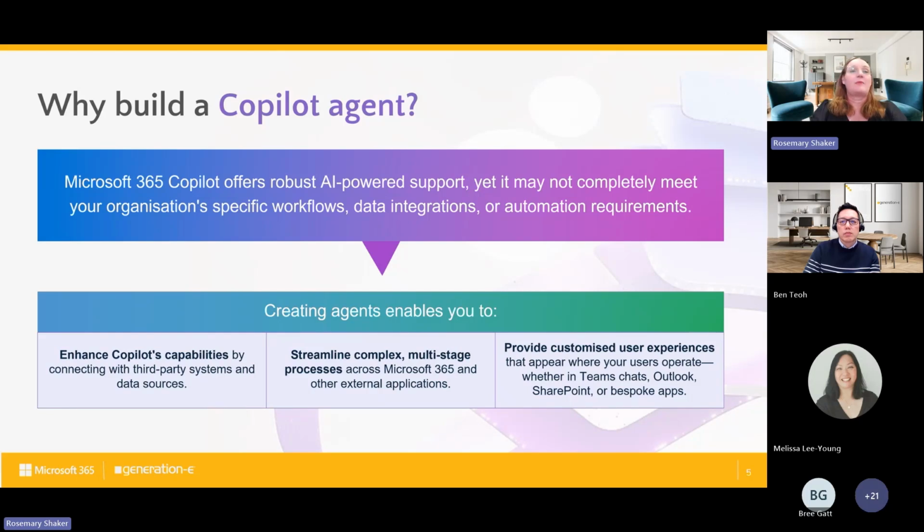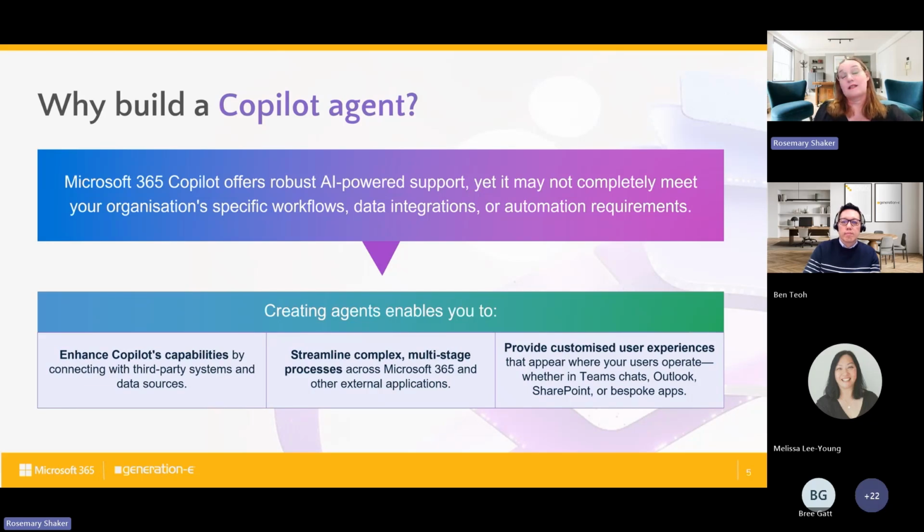So agents can help us extend our Copilot's knowledge by integrating third-party systems and data sources. So it allows us to break out of that 365 boundary and use the other tools. We have lots of organizations that we work with who use platforms like ServiceNow and Jira, Confluence, that really need that information to be able to create those complete answers when they're using Copilot. It can also help us automate complex and multi-step workflows.